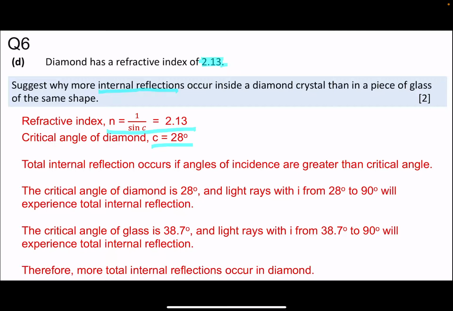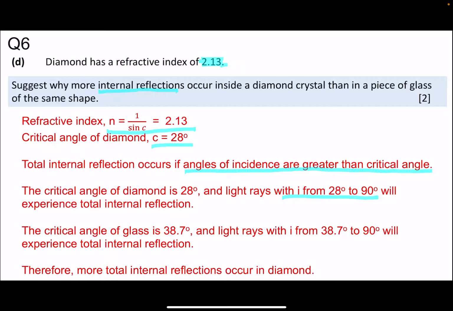What this means is that total internal reflection will occur if angles of incidence are greater than the critical angle.